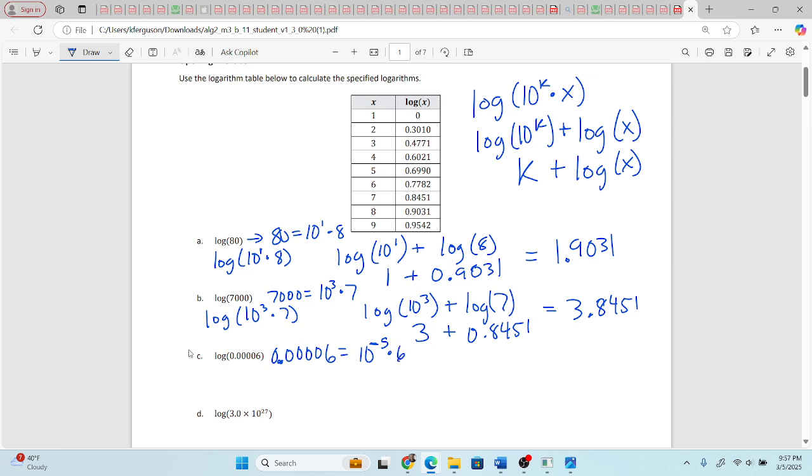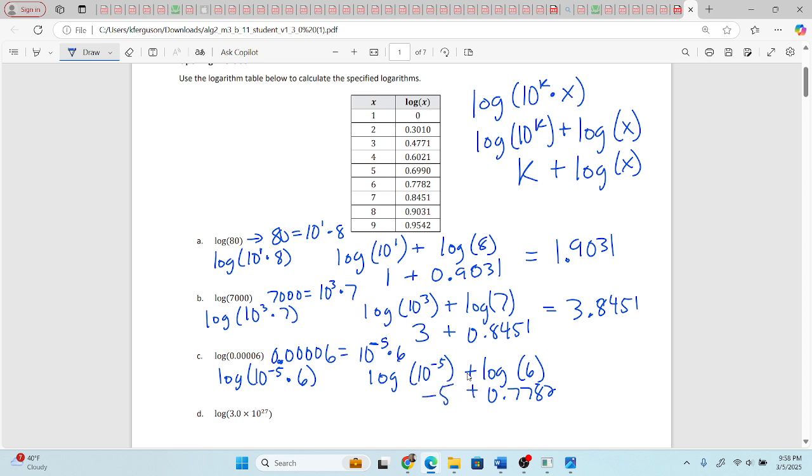times 6. So that's going to be the log of 10 to the negative 5 times 6, which is the log of 10 to the negative 5 plus the log of 6. The log of 6 is 0.7782. The log of 10 to the negative 5 is just negative 5.